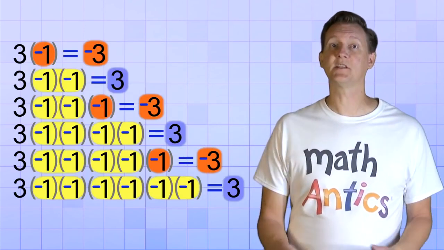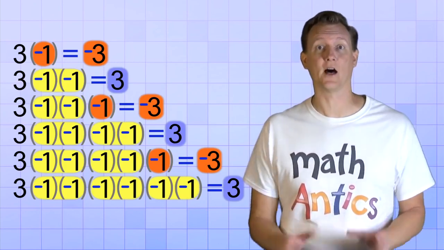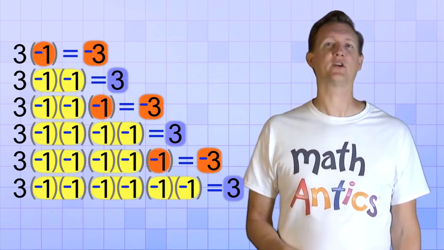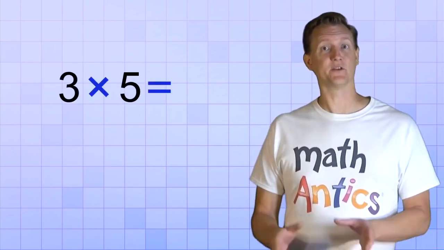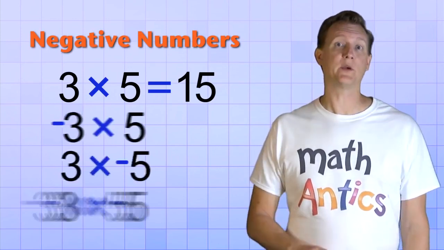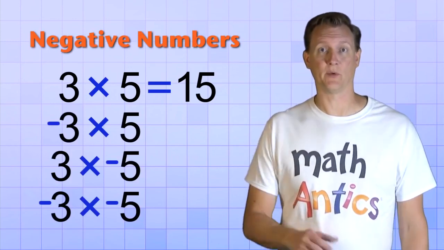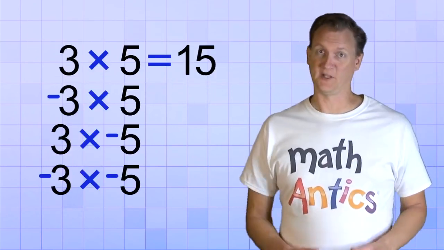In a minute, we'll see some examples of how knowing this will help us when multiplying and dividing lots of integers. But first, let's look at the simple problem 3 times 5. We know that the answer is 15, but now, thanks to negative numbers, we know that there's 3 more variations of this problem that we need to learn how to do. This might seem a little complicated, but it's really not.